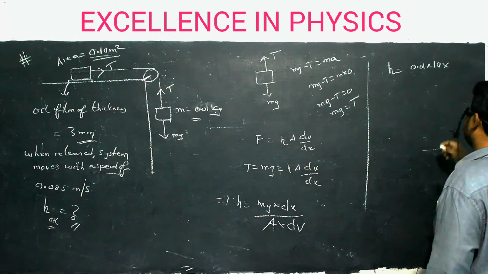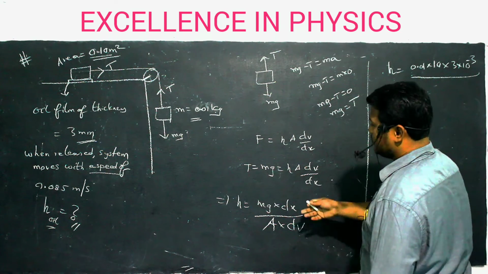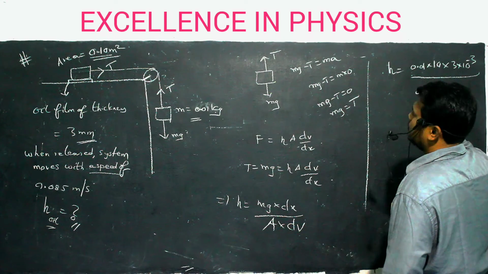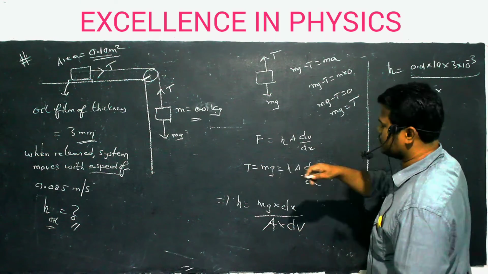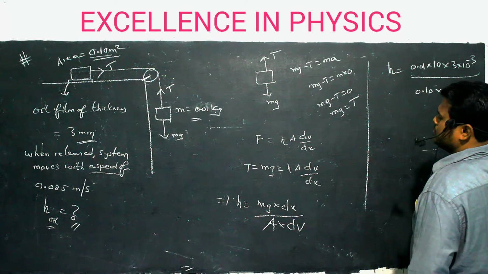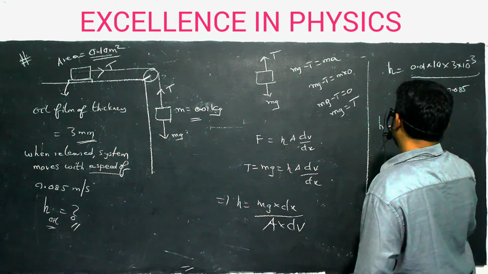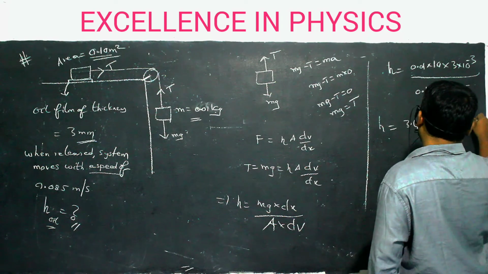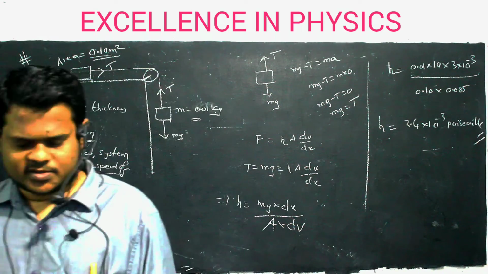If you write in terms of meters, 3 into 10 power minus 3 meters divided by area of cross section of the plate, base area of the plate is 0.10. Velocity. With what velocity system is moving? 0.085 meters per second. So calculate this one, then you should get 3.4 into 10 power minus 3 Poise. That is our answer. It's all very simple.